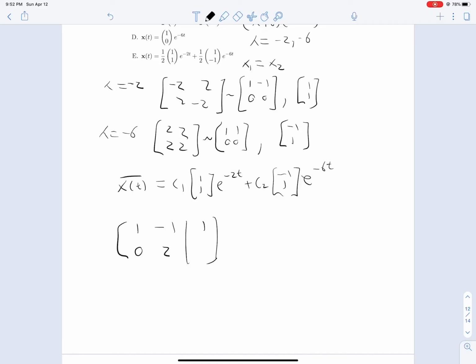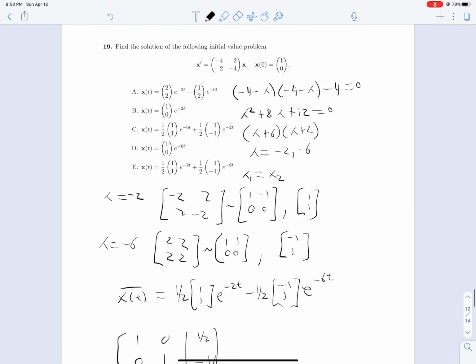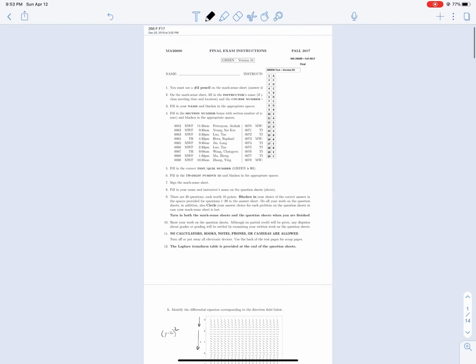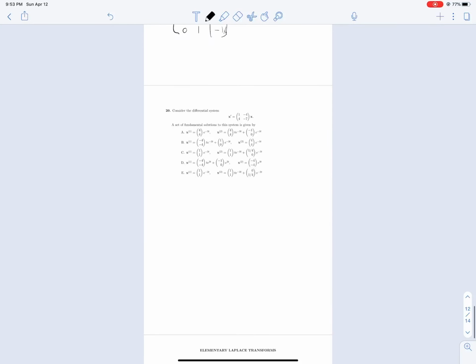We'll divide that out, 1, -1/2, and add it to row 1, 0, 1/2. So c1 is 1/2, c2 is -1/2. Looking around for that solution, we see that that matches E if we factor our -1 into our e to the -6t. So 19 is E.